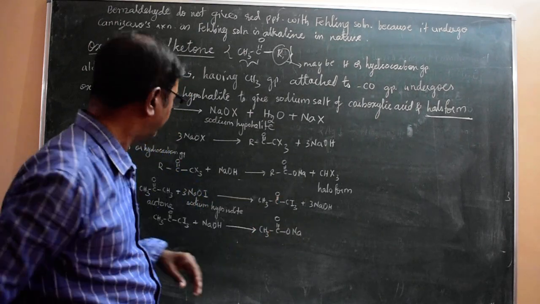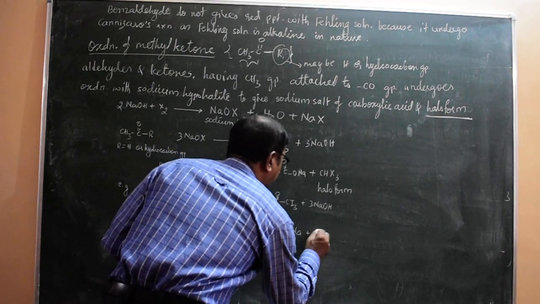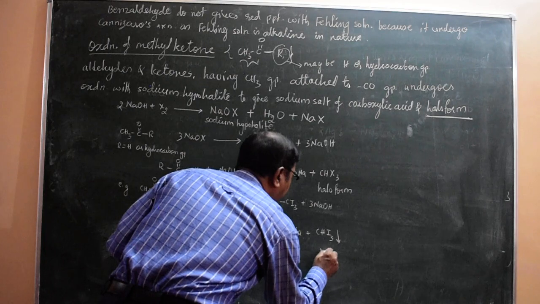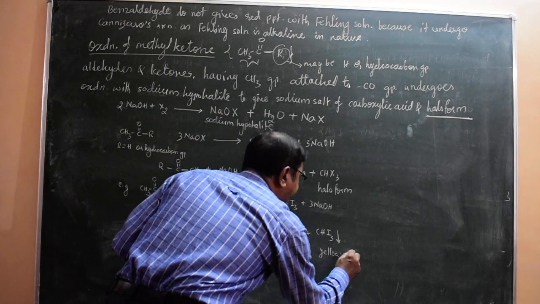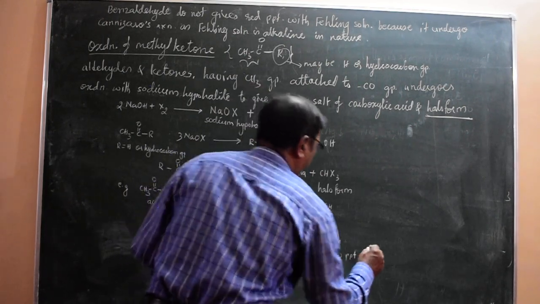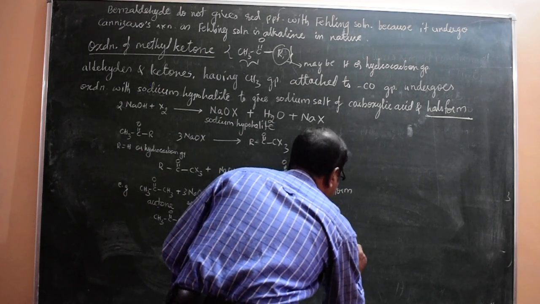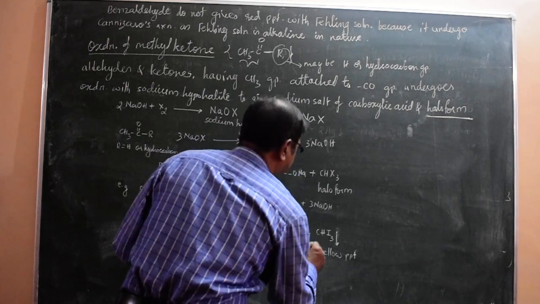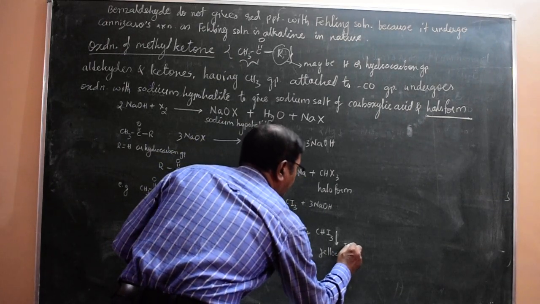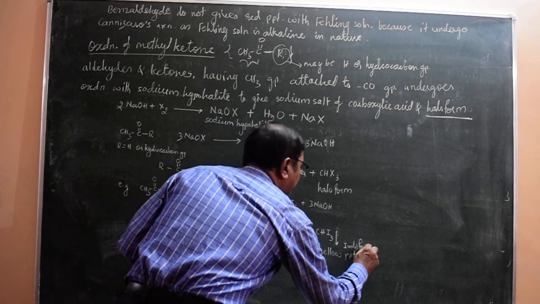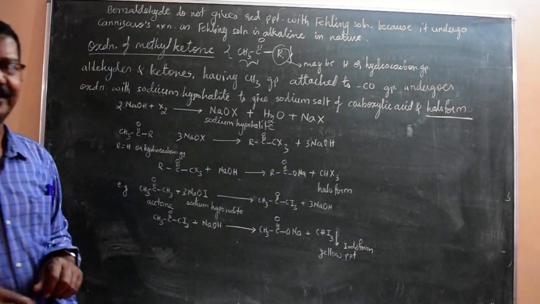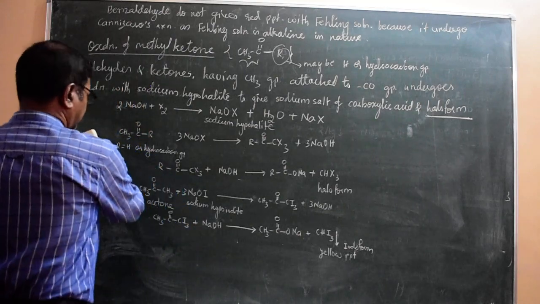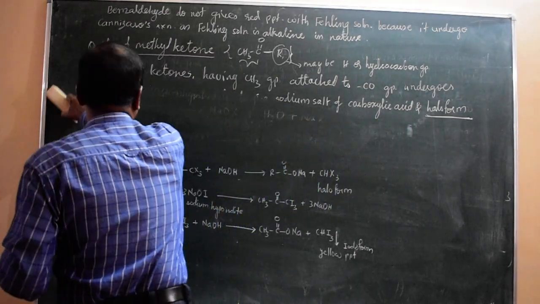Plus CHI3, a yellow precipitate, iodoform. If it is chlorine, then chloroform. Bromine, bromoform.